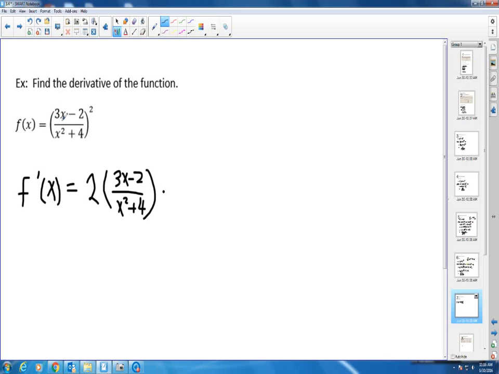The derivative of this inside will actually become a quotient rule. So the quotient rule says the derivative of the top, which is 3, times the bottom, minus the derivative of the bottom, which is 2x, times the top.